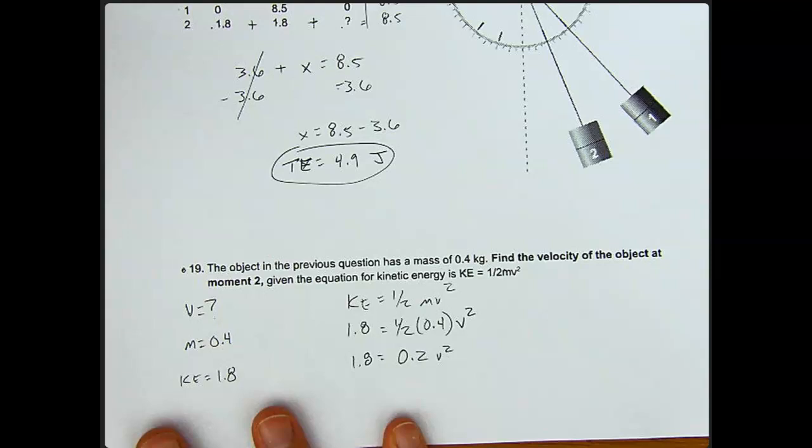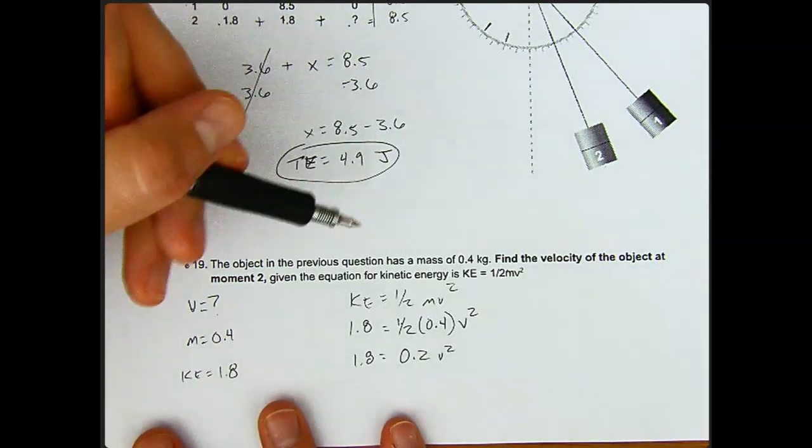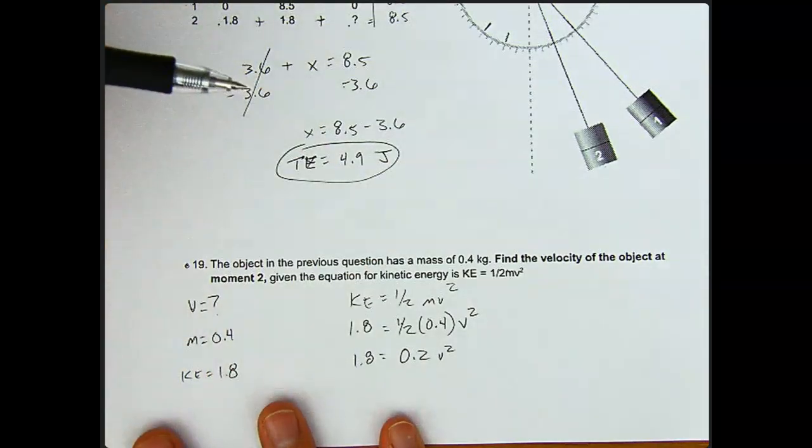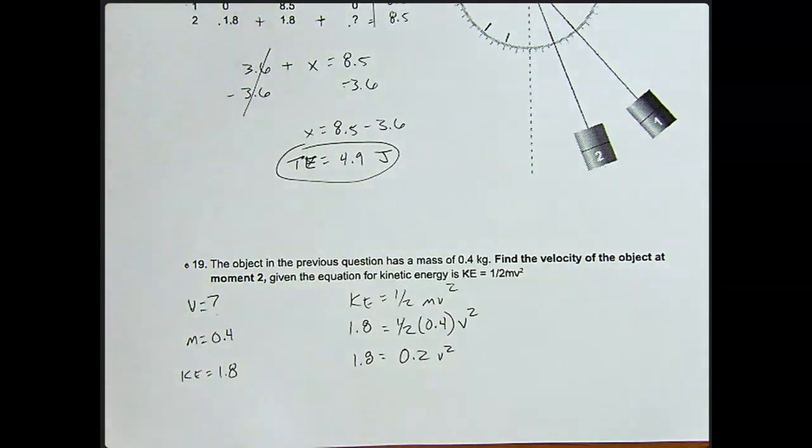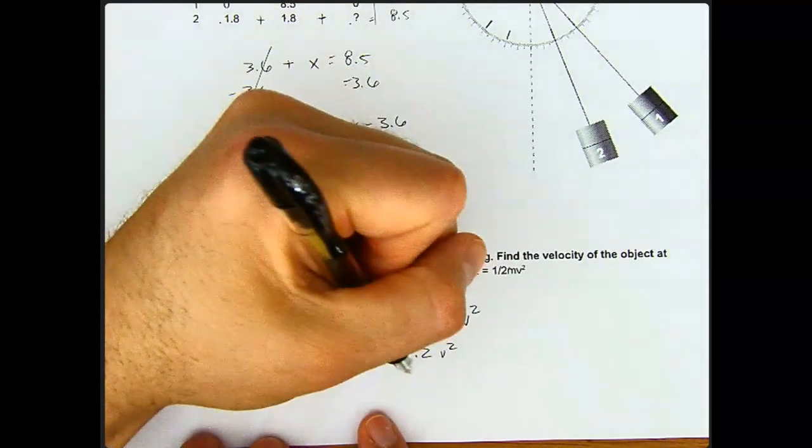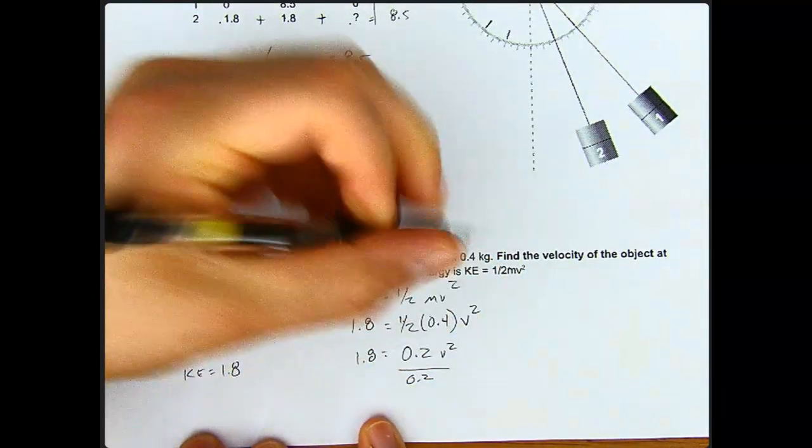Now I have this v squared and I have 0.2. Let's get rid of the 0.2 first. If this is multiplication, then to get rid of that 0.2, I need to divide both sides by 0.2.